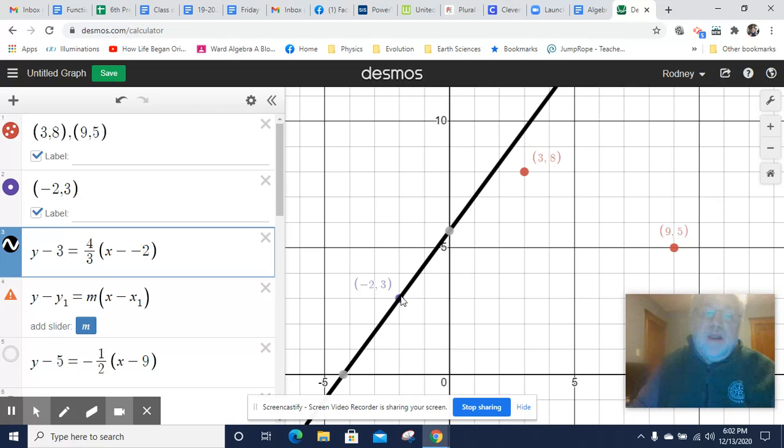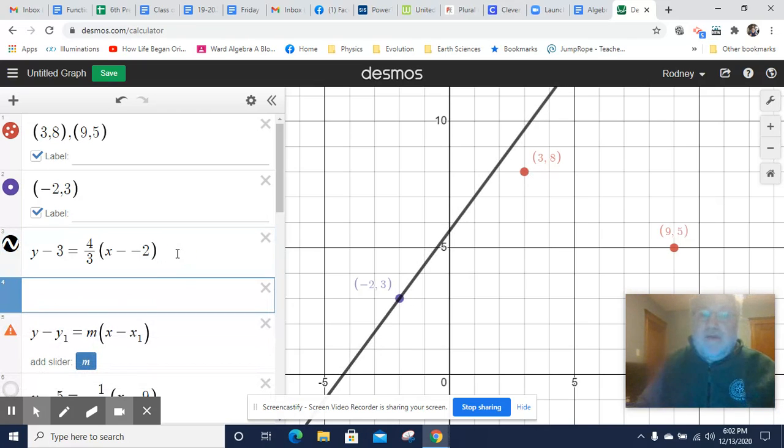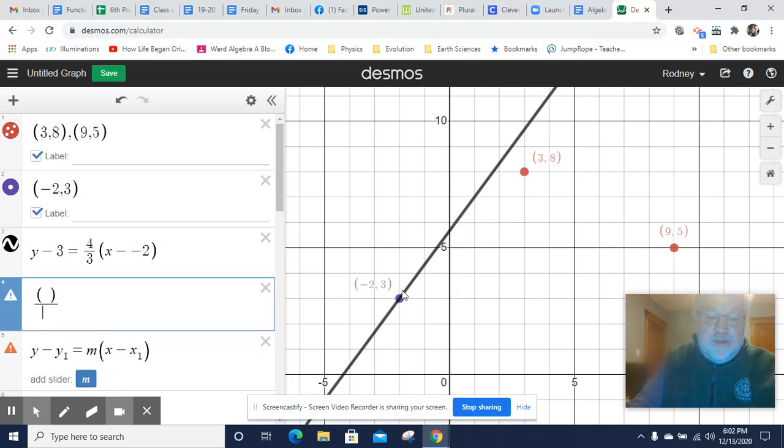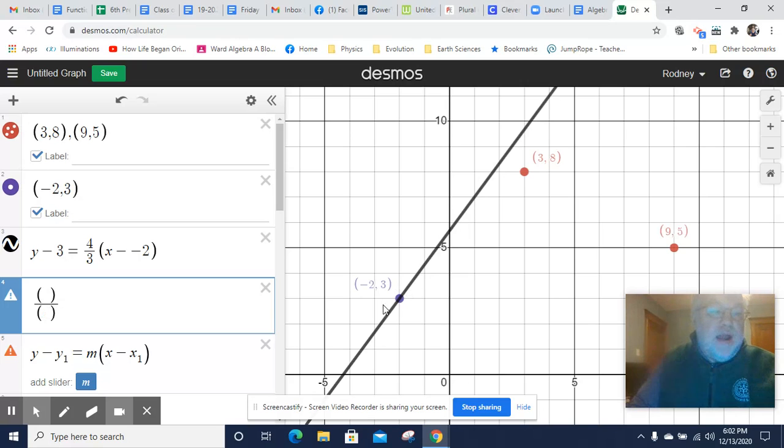Well, what if we want it to not go through just this point, but also to go through 3/8? Well, if we wanted to go through 3/8, we've got to find out the slope between negative 2, 3 and 3/8. Well, the slope between those points is going to be the change in y over the change in x. Okay, so the change in y, we pick a point to start with for our subtraction.